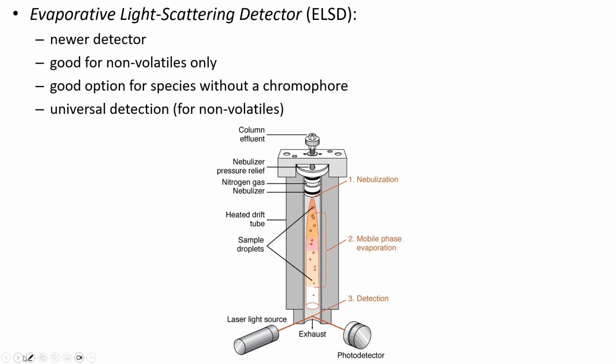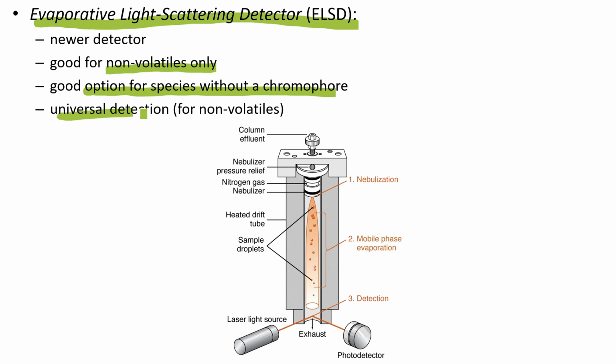Right. So a newer detector, new's not as new as it used to be, evaporative light scattering. So these detectors are about 20 years old. It's good for non-volatile species, and what it does is it creates particles from those non-volatile species, and it's a good option for things that don't have a chromophore.